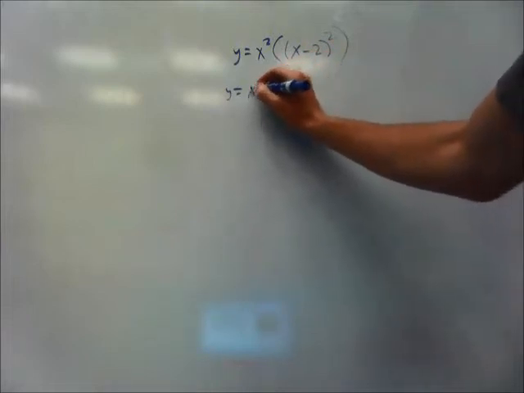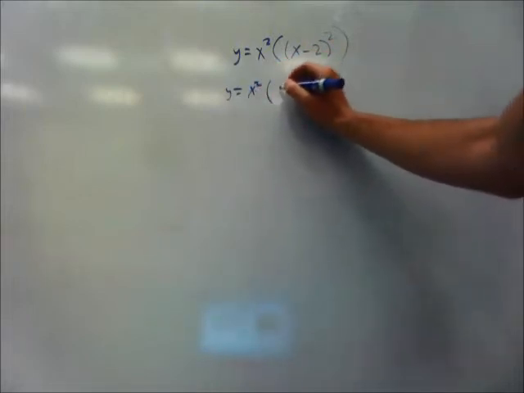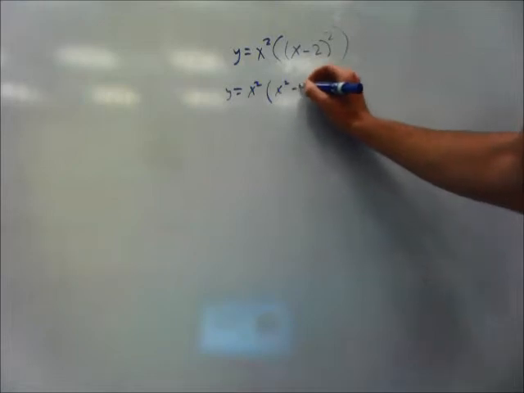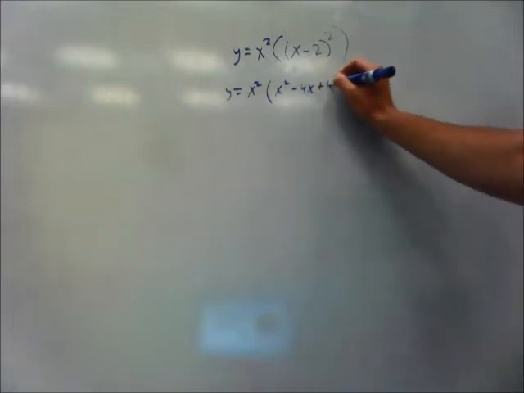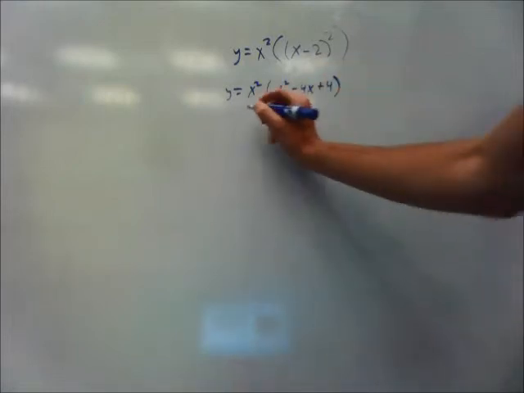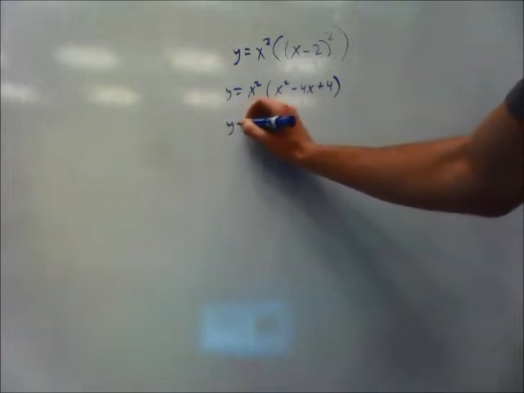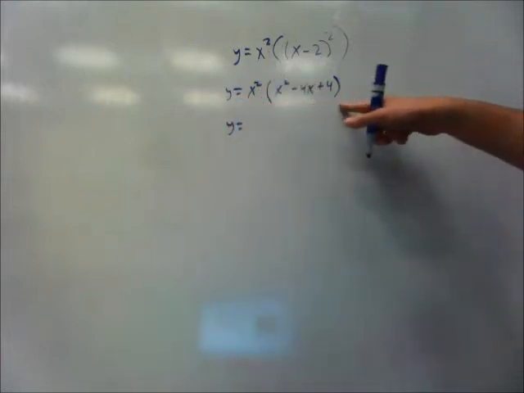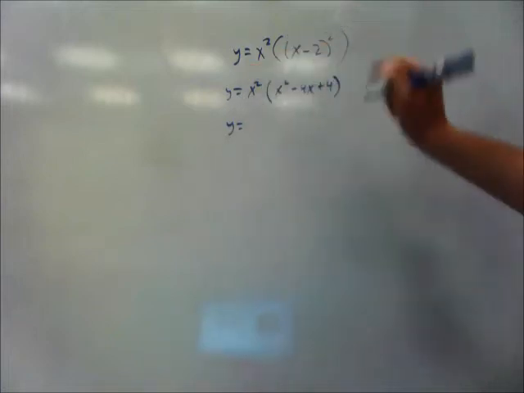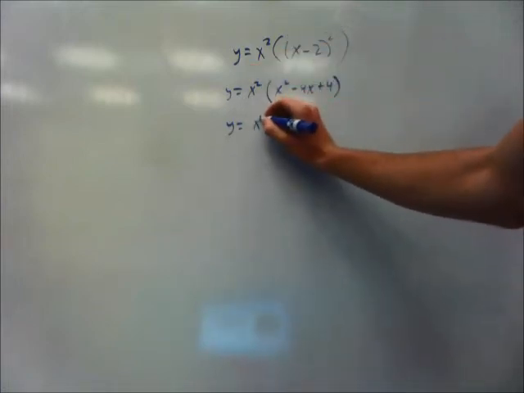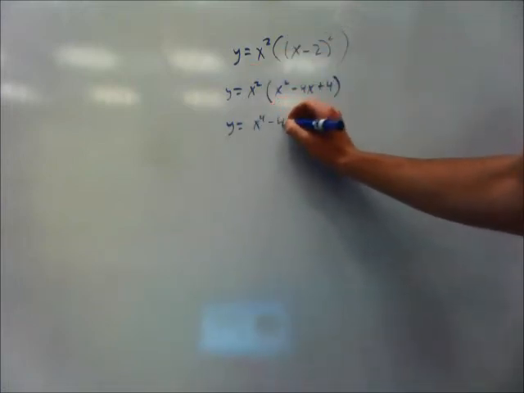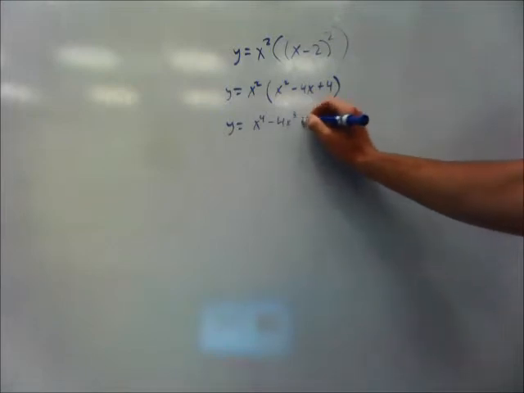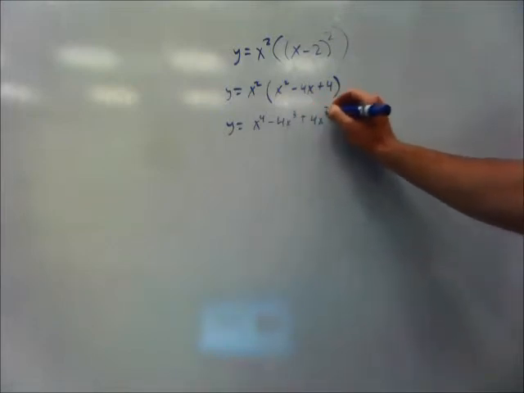You've got x squared times x squared minus 4x plus 4 in parentheses. And then instead of doing the product rule here, you're just going to distribute this x squared. So you end up with x to the 4th minus 4x to the 3rd plus 4x squared.